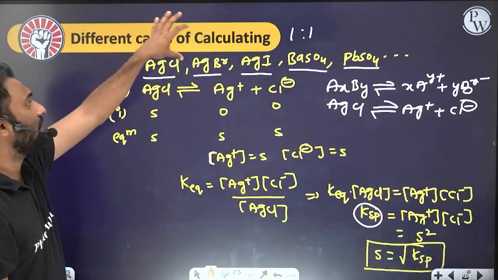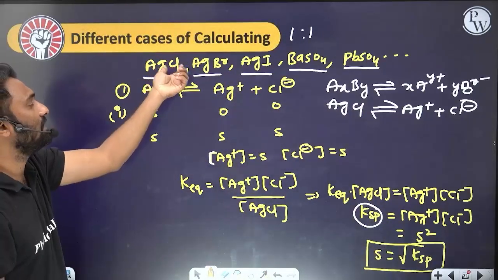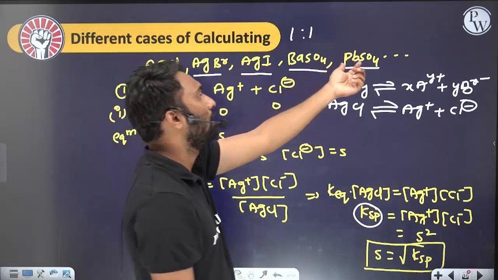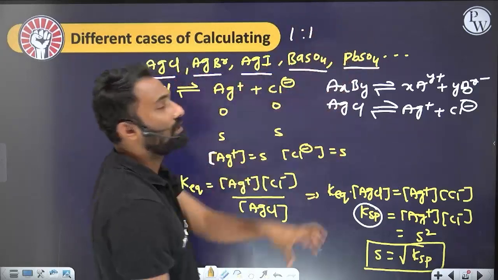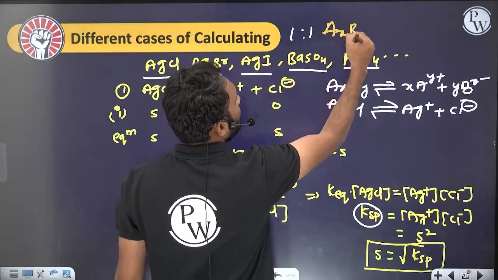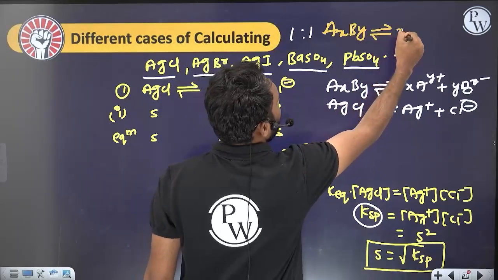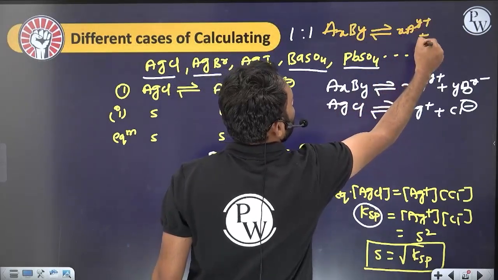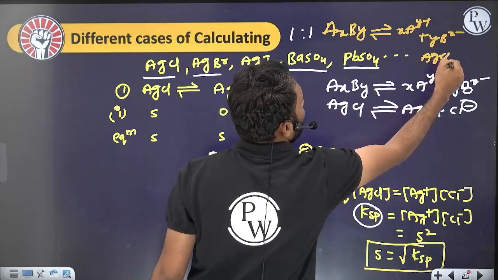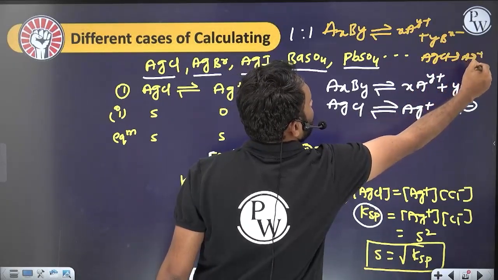Now, different cases of calculation. If salts like AgCl, AgBr, AgI, BaSO4, PbSO4 are given, these are the 1:1 type salts. AxBy will be converted into x A^y+ plus y B^x-. AgCl will be converted into Ag+ plus Cl-.